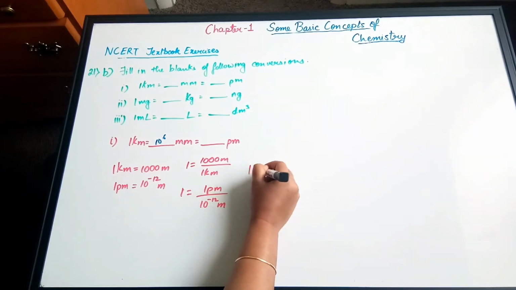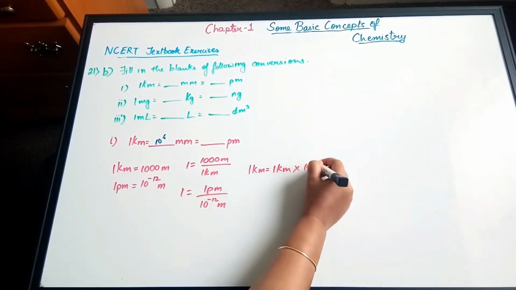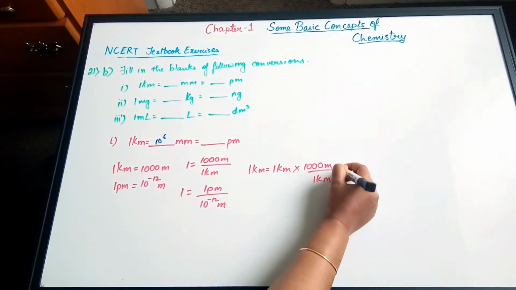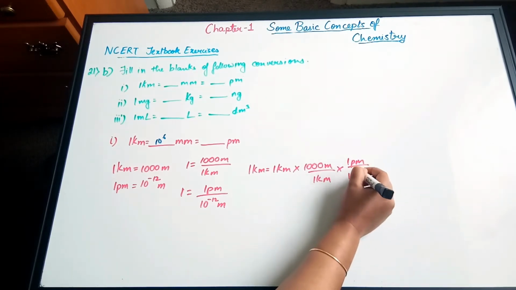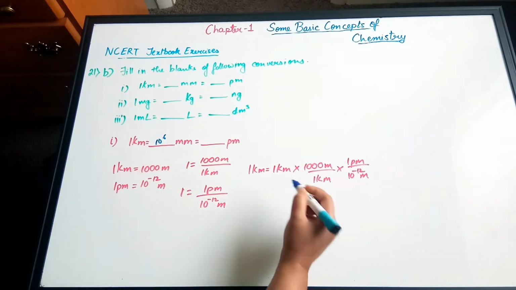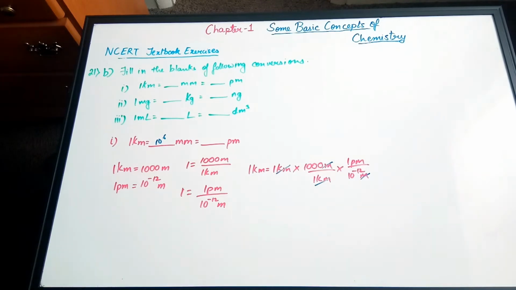1 kilometer equals 1 kilometer into 1000 meters divided by 1 kilometer into 1 picometer divided by 10 to the power minus 12 meters. So kilometer gets cancelled, meter gets cancelled, leaving behind only picometer.